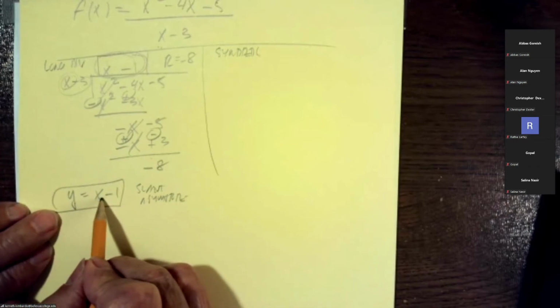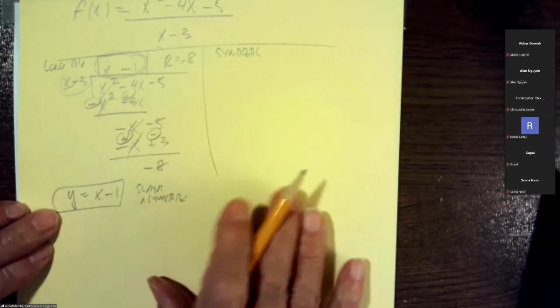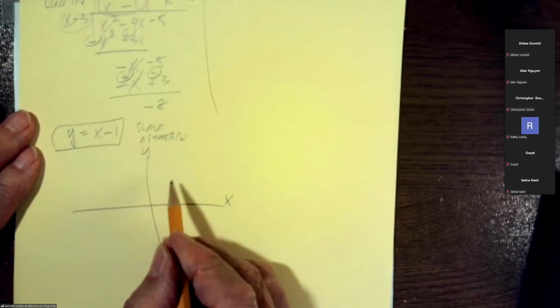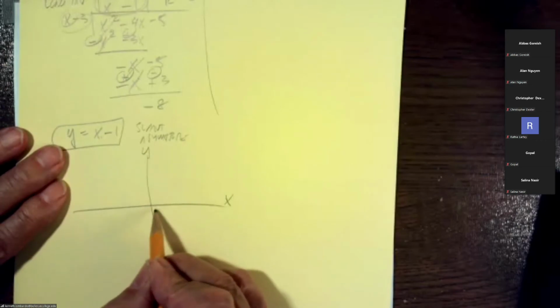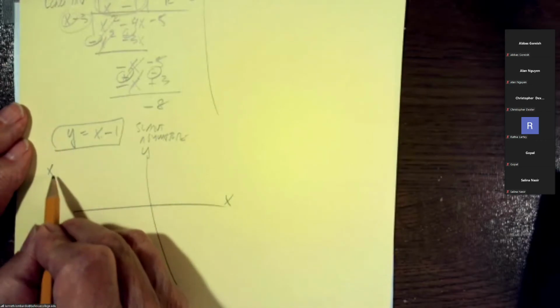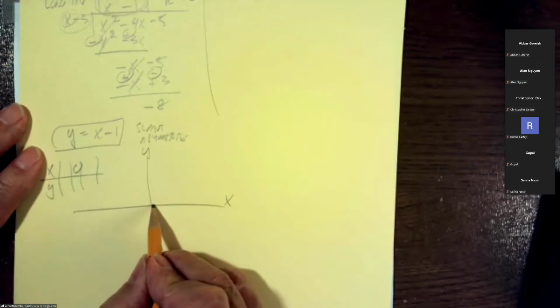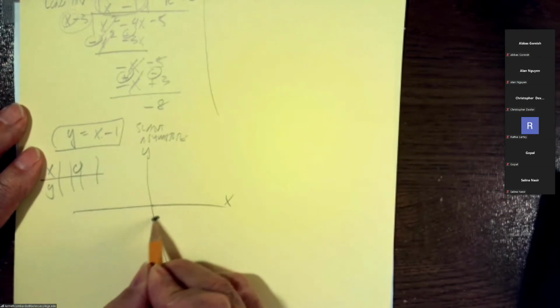So if we were to graph y equals x minus 1, here's x, here's y, -1. So when x is 0, if I create a table of values of x and y, when x is 0, y is -1, so I'm here.